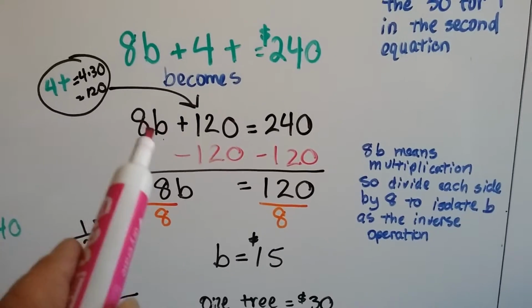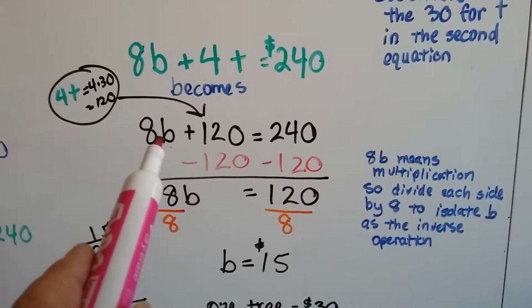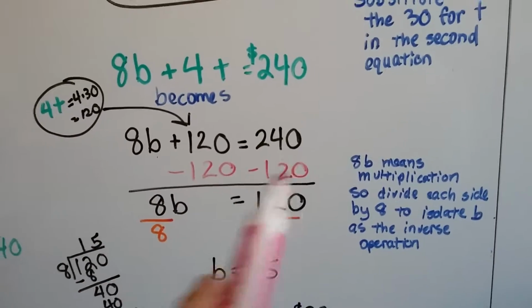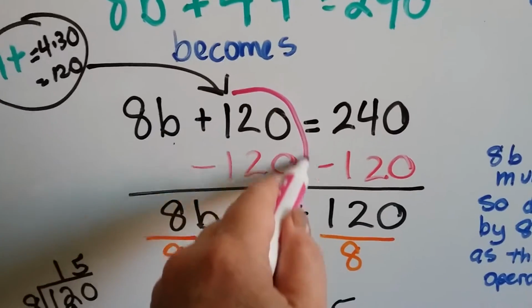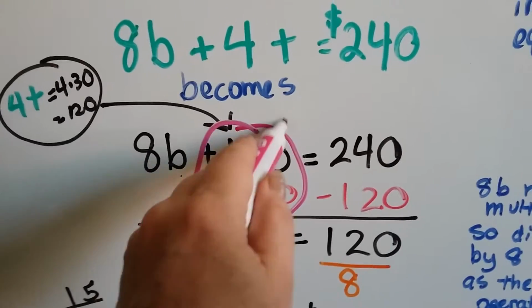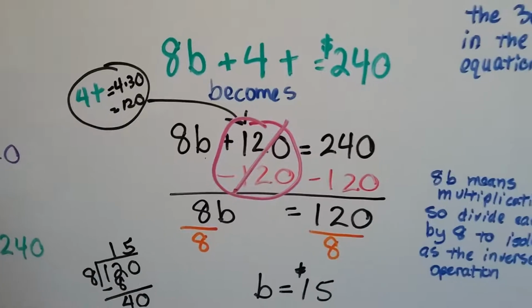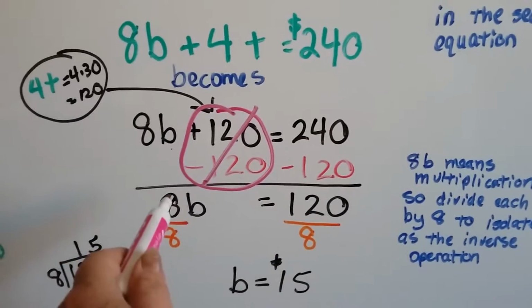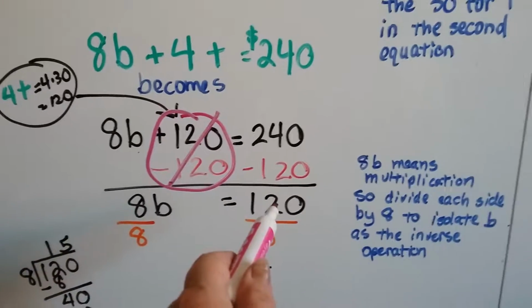Now, to get the variable to one side, what we do is we subtract the 120 from each side. That creates a 0 pair here and that disappears. We discard it. 240 take away 120 is 120. Now we have 8b equals 120.